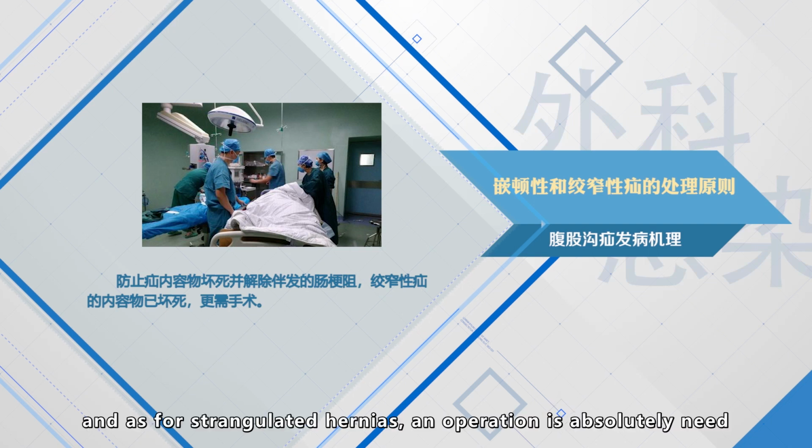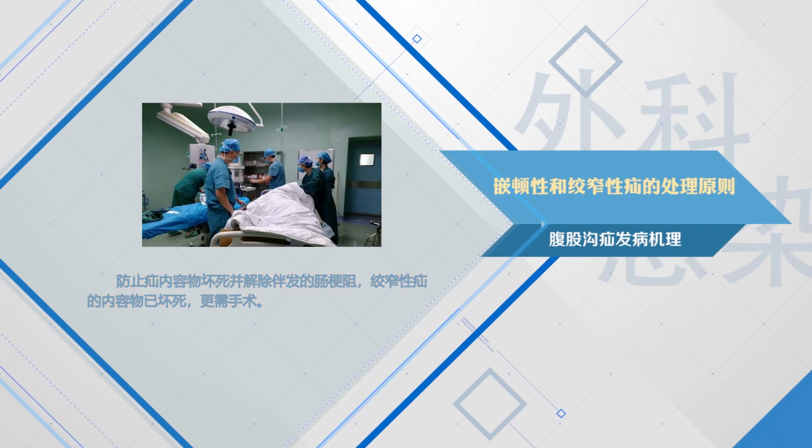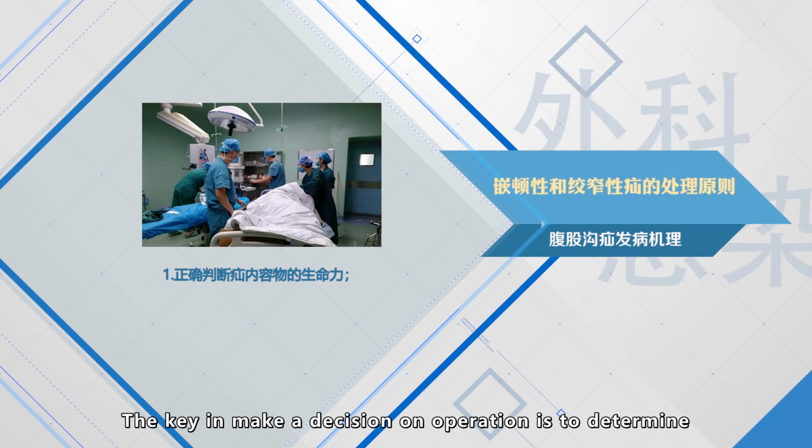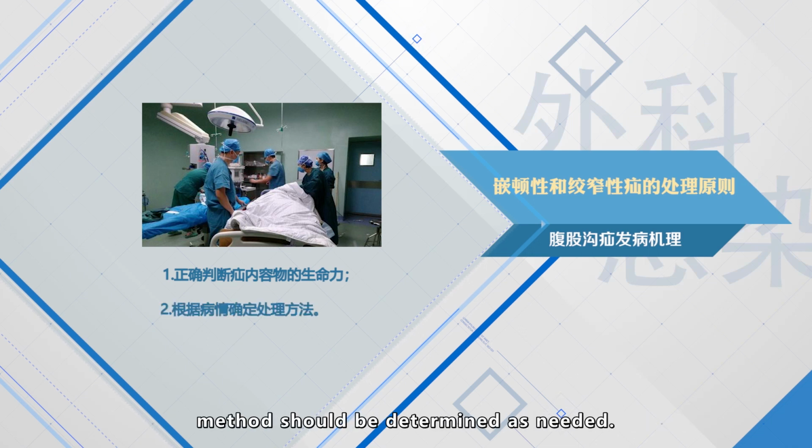And as for strangulated hernias, an operation is absolutely necessary because of the necrosis of the hernia content. The key in making a decision on operation is to determine the vital force of the hernia content, and then the treatment method should be determined as needed.